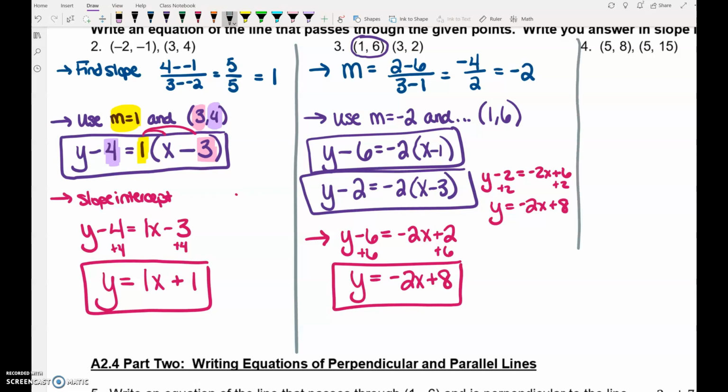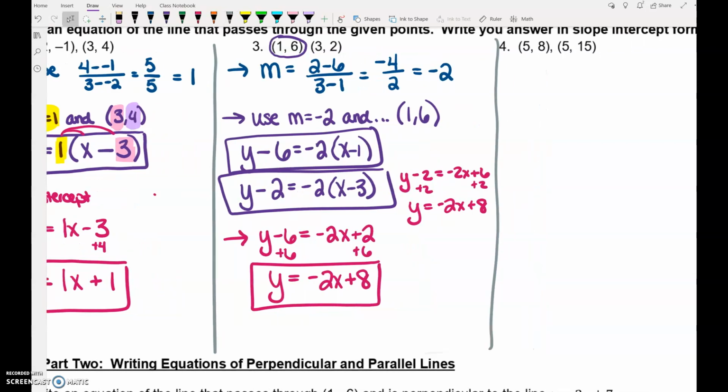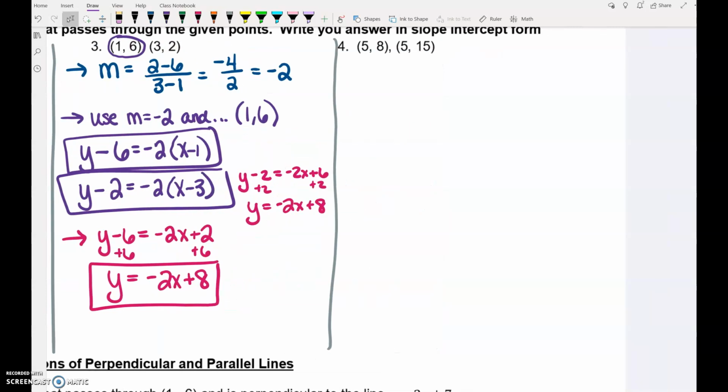Has anyone looked at number 4 yet? Okay. Take a moment and find the slope of number 4. There's something a little bit interesting about number 4 that we need to talk about. Seven divided by 0.